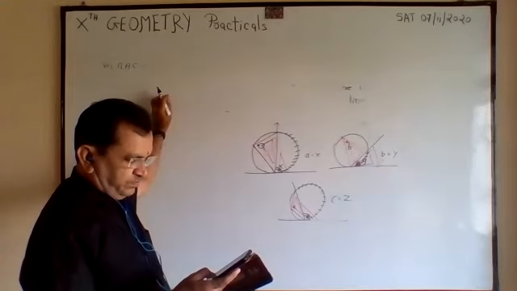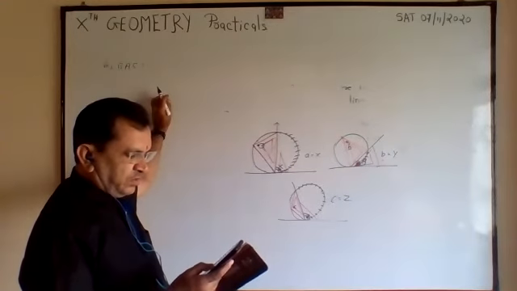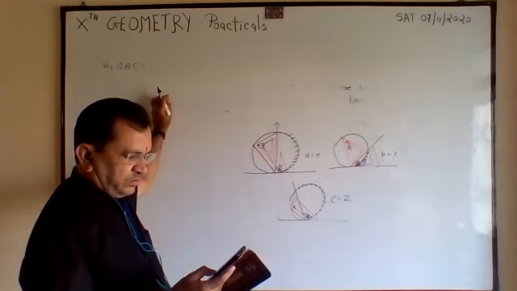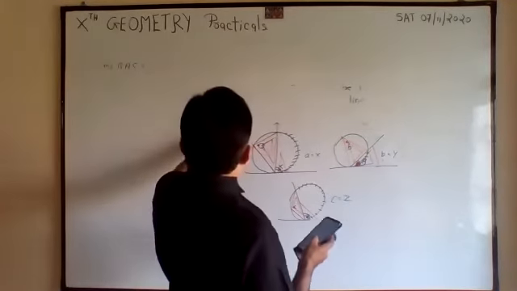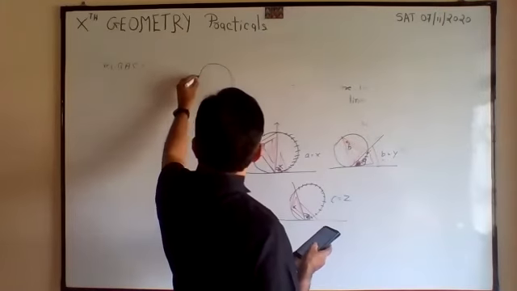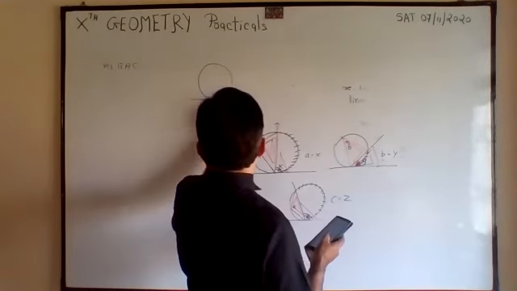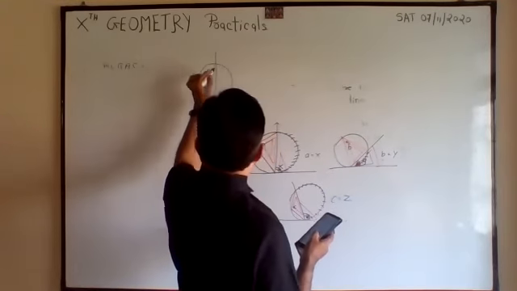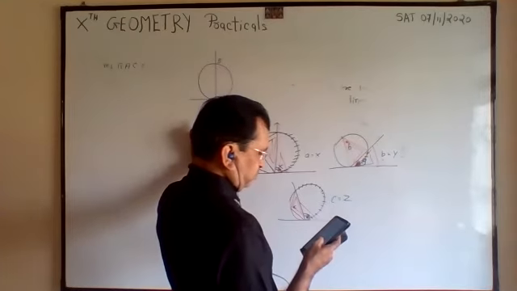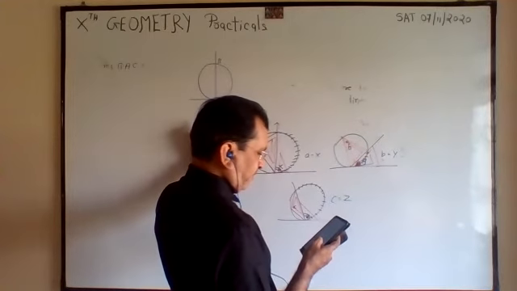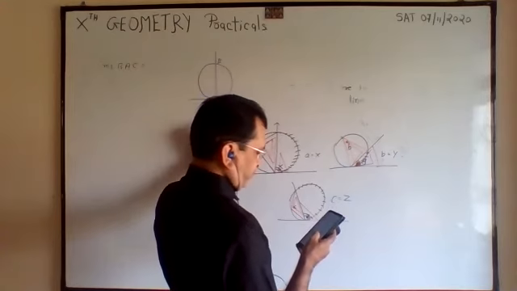BOC. The diagram is not like that. Diagram is like that. There is a mistake. So it is BAC. Then BOC.